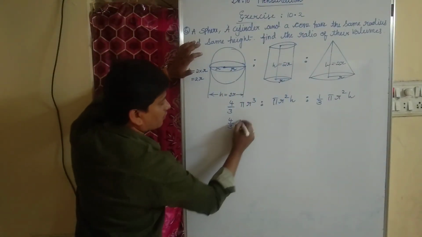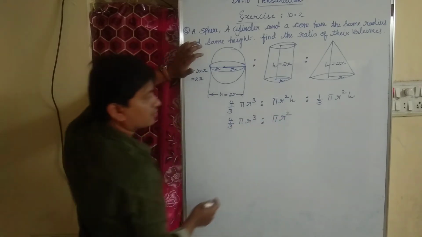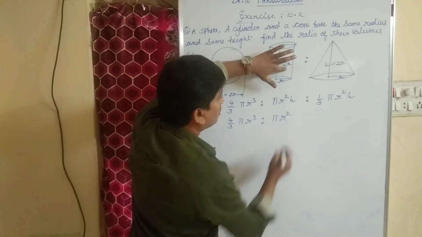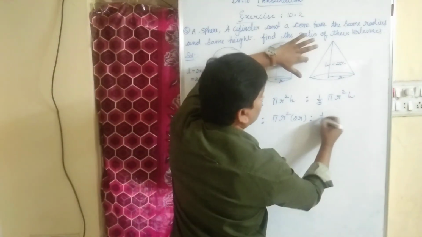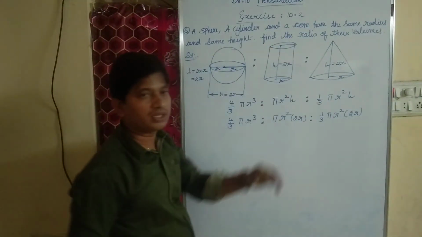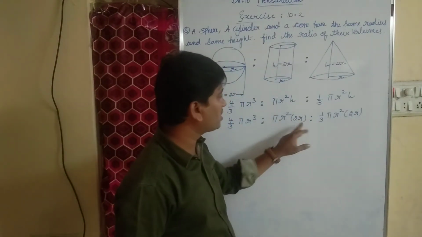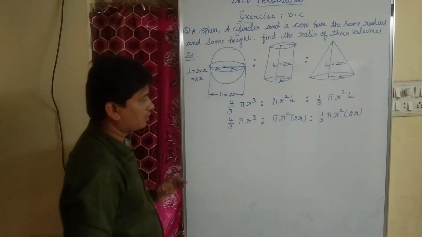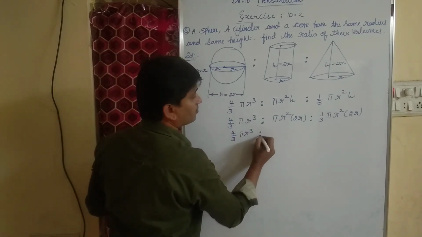So this is 4 by 3 pi r cube is to pi r square into the height of the cylinder, that is 2r, is to 1 by 3 into pi into r square into the height, which is 2r. Simply in place of h I substitute 2r. So 4 by 3 pi r cube as it is.